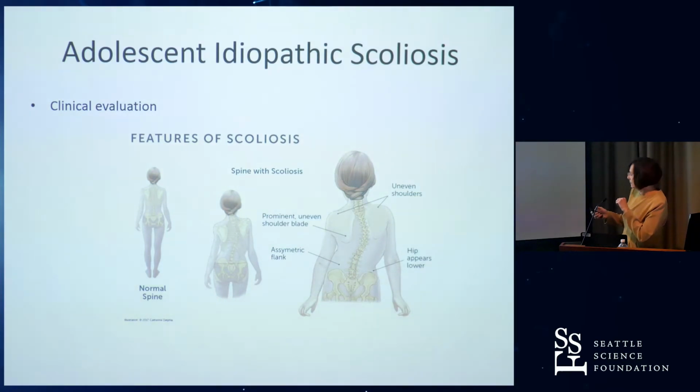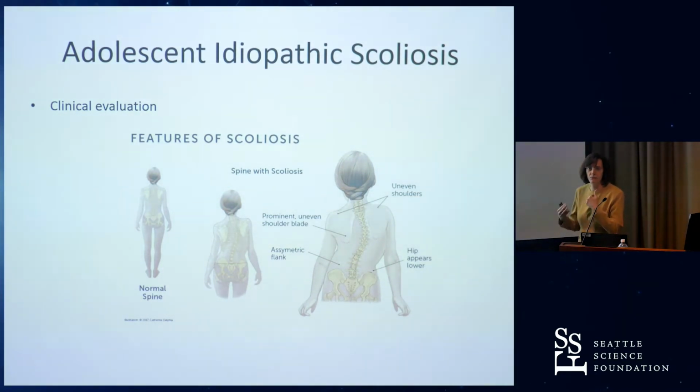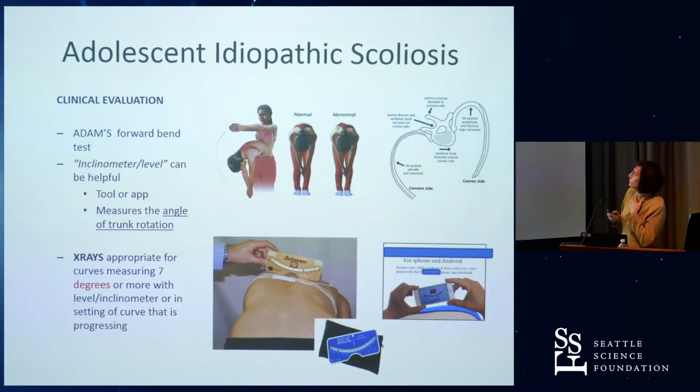We'll comment a little bit more early on about some of the asymmetries that the patient may see and the difference of who's the beholder. But those are things we're looking at. And then, of course, our Adams forward bending test. Making sure they have their shoes off is important. I look at them standing upright first.